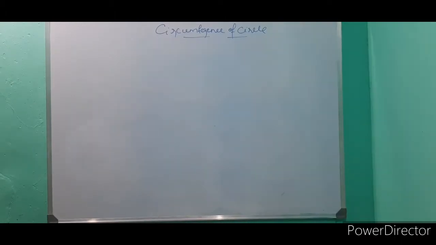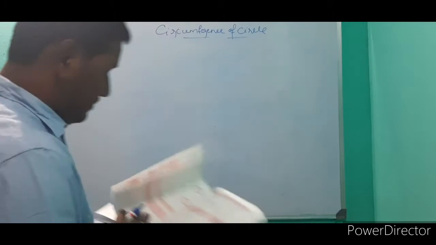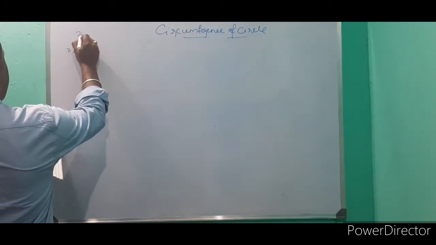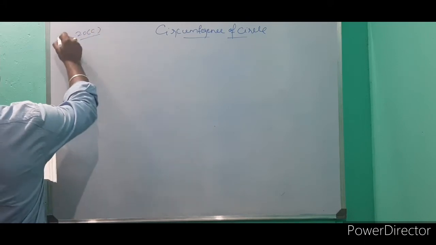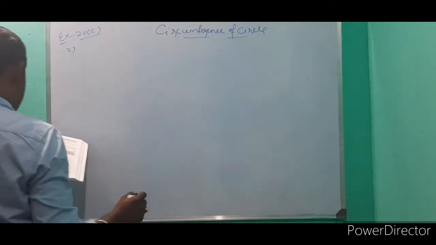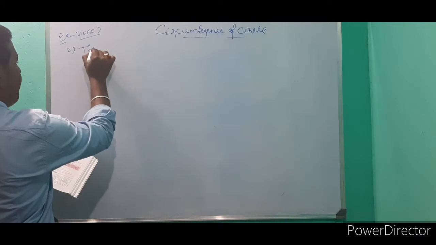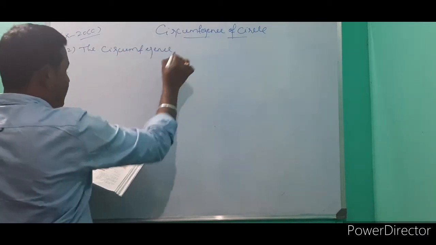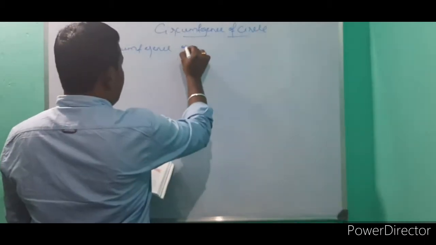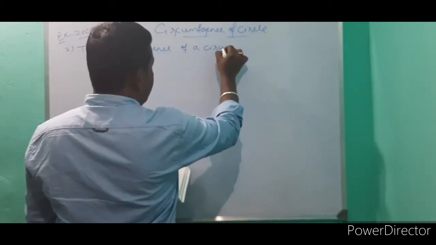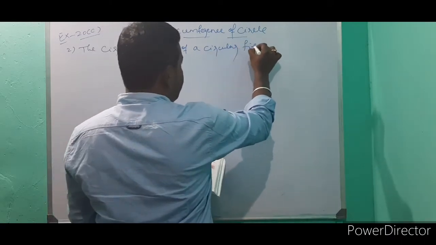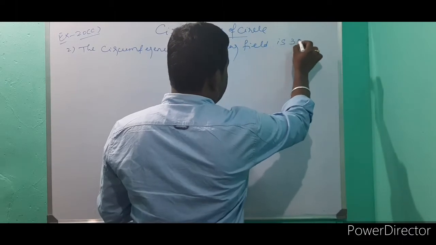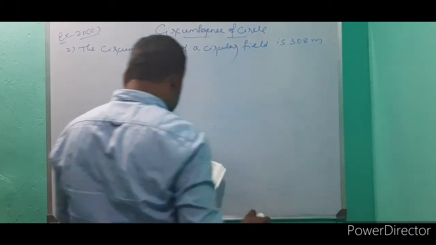Next problem, the second problem in exercise 20C. The circumference of a circular field is 308 meter.